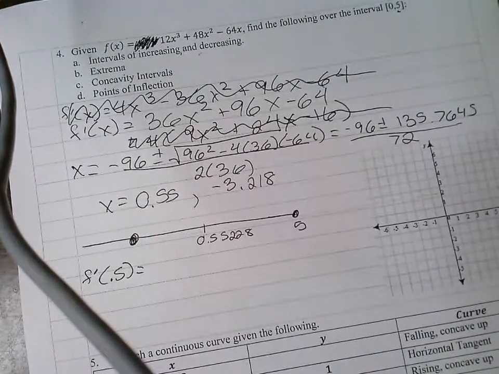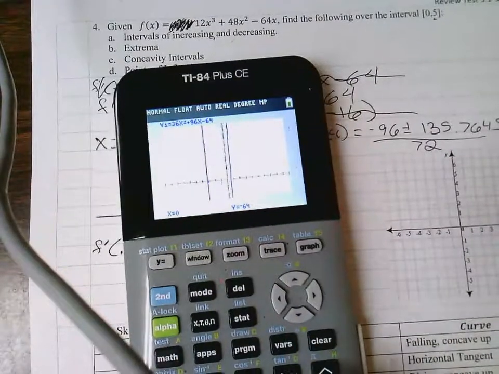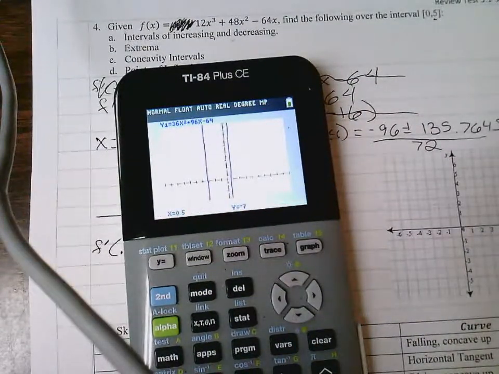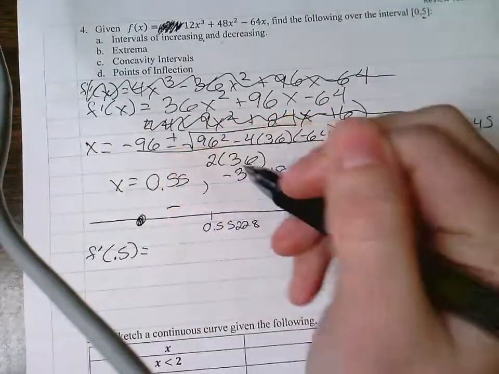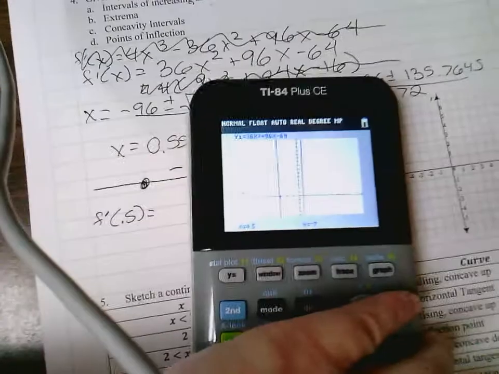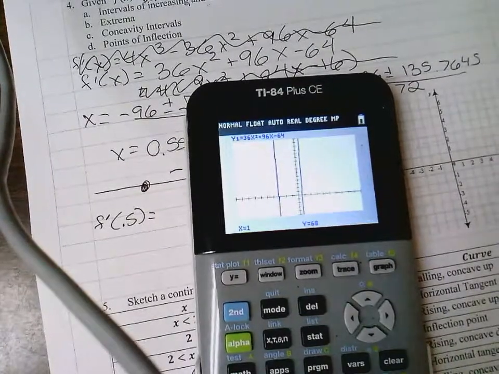Again, this problem will be easier on the test. So that's what the derivative looks like. I'm just putting in 0.5. It's a negative. So it's negative here. And then if I put in a 1 here, it's going to be positive.